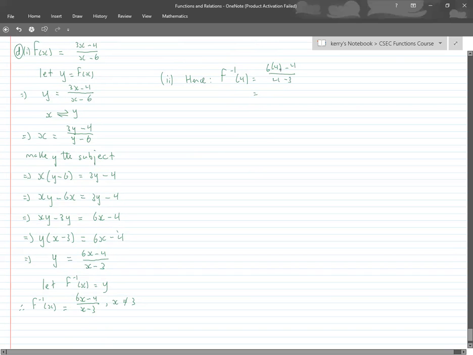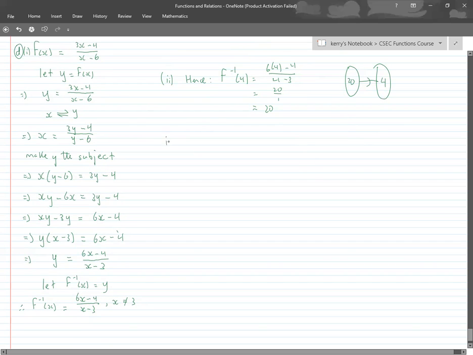And this will give us 24 minus 4 is 20 over 1, which is just 20. Now, just to clarify what this is telling us: when the output is 4, the input is 20, because that is what the inverse gives you. The inverse function takes an output and gives you the input, whereas the regular function takes an input and gives you an output.